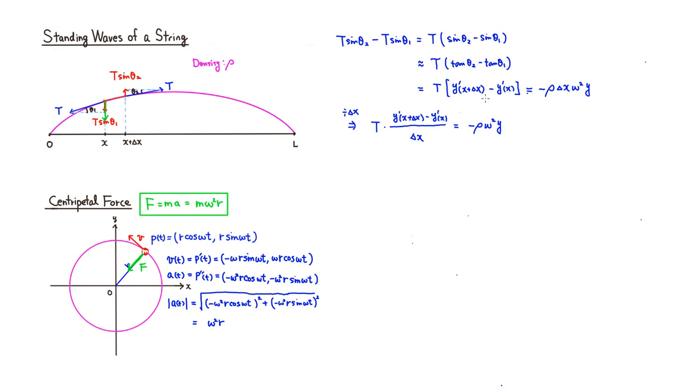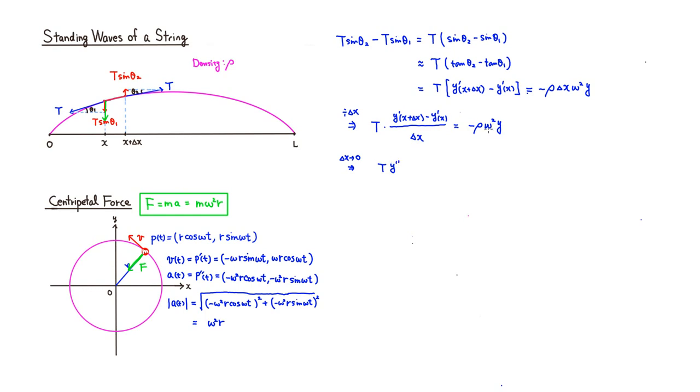As delta x approaches 0, you can see this is just a difference quotient, so it becomes the derivative. It's the derivative of the first derivative, so this becomes T y double prime.